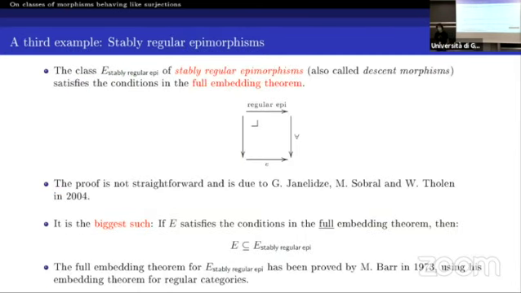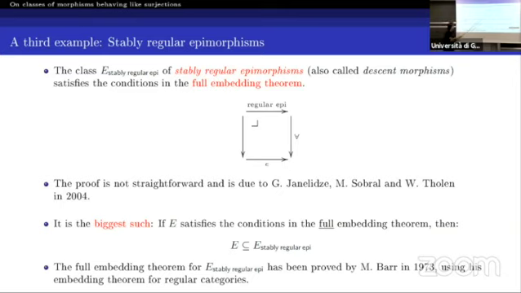As a third example, I have the stably regular epimorphisms. So it's almost the same definition: a morphism E for which each of its pullbacks is a regular epi. They're also known as descent morphisms. And this class satisfies the full embedding theorem. It's not quite easy, because with that property we stabilize them under pullbacks. But why it's closed under composition is not easy, because regular epis are not closed under composition.